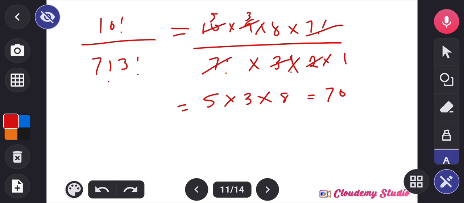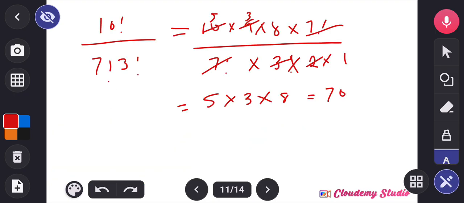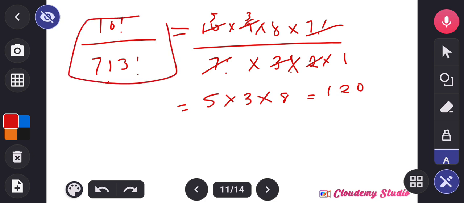So that is 15 multiplied by 8. That's equal to 120 rather, not 760, sorry. So that's our 120, which means all this is 120.